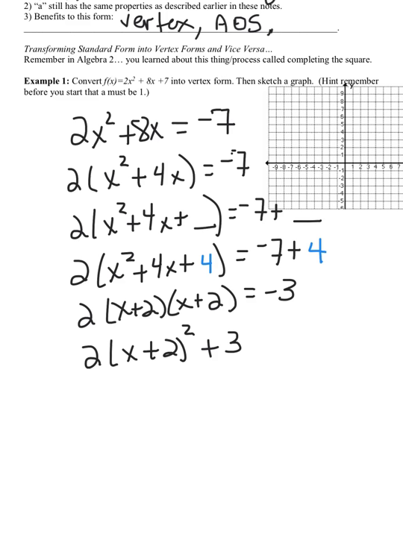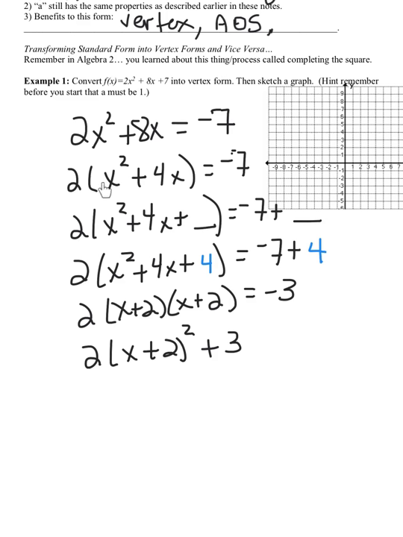The first thing we're going to do is break apart our standard form of the quadratic, 2x squared plus 8x plus 7. I'm going to move this 7 to the other side of the equal sign and make it negative. So now I have 2x squared plus 8x equals negative 7. The next thing I do is take my 2x squared plus 8x and factor out the 2, because remember, when you are completing the square, the value of a must be 1.